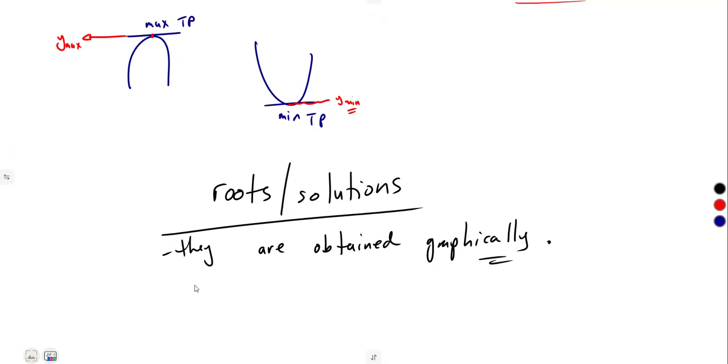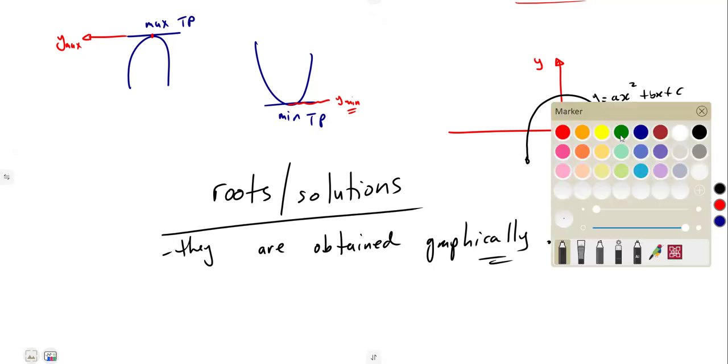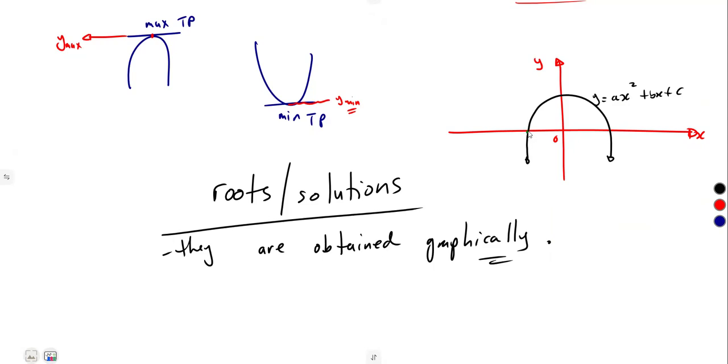So when you are given the function f(x), you have drawn your quadratic graph like this. If this is the graph of y = ax² + bx + c, the roots of the function are the ones that we have on the x-axis.